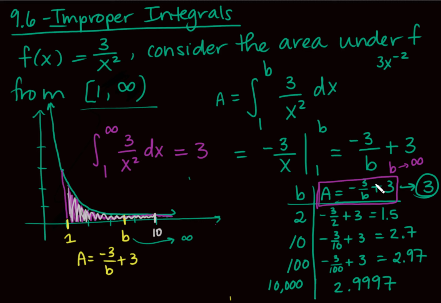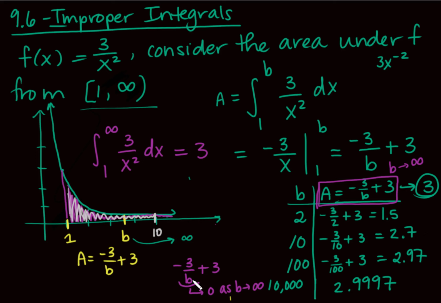Infinity isn't a number, so don't treat it like a number. But what I can think about is, if I have negative 3 over b plus 3, this guy right here is going to go to 0 as b goes to infinity. Why does that happen? Because I'm taking 3 and dividing it by really, really big numbers. If I take 3 and divide it by a million, that's a very, very small number.